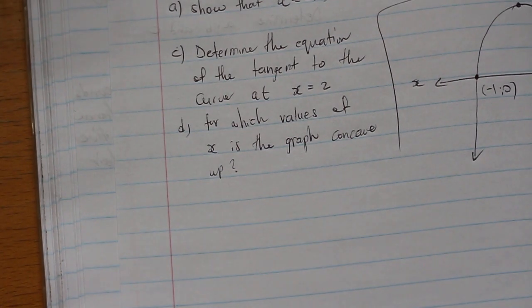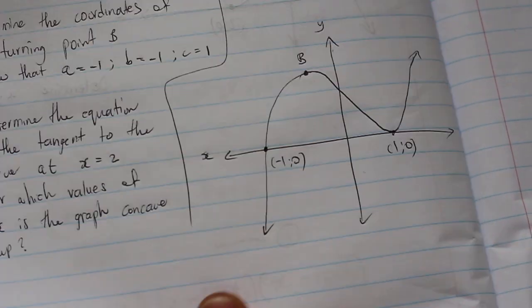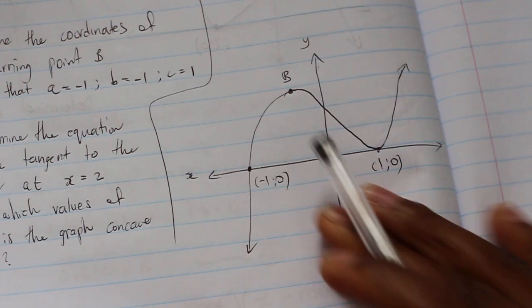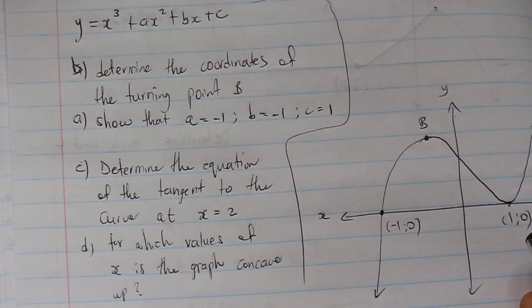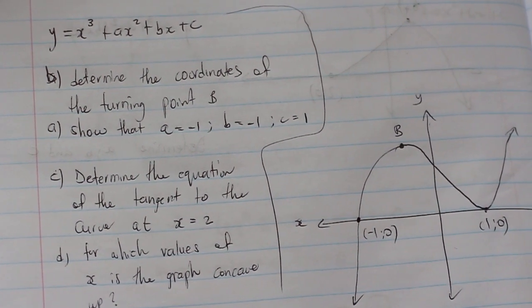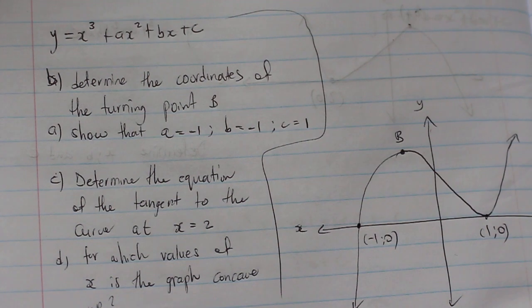A couple of questions that I want us to look into. We are getting asked to show that a is equal to -1, b is equal to -1, and c is equal to 1. I'm hoping that you guys can see my handwriting over there.